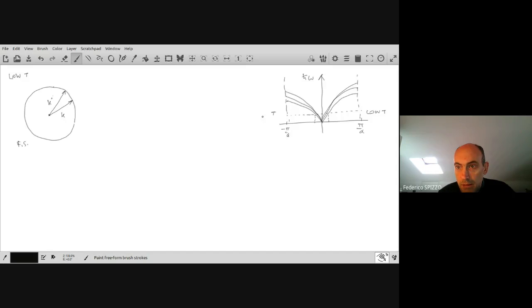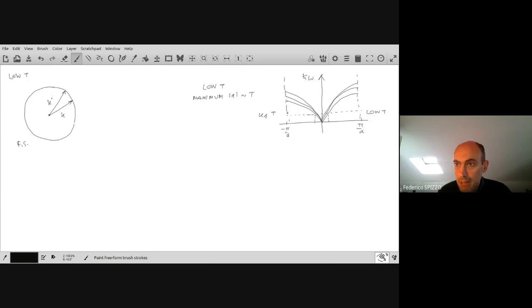So if this energy represents kBT, the thermal energy, then you observe that, thanks to the fact that the energy versus wave vector dependence is linear, if kBT is low, also the corresponding maximum value of Q is low and proportional to T. So the important point is that in the low temperature regime, the maximum Q modulus, or in general the modulus of the maximum wave vector that you may observe in the phonon system, is proportional to T, because we have again this linear dependence between energy and wave vector.